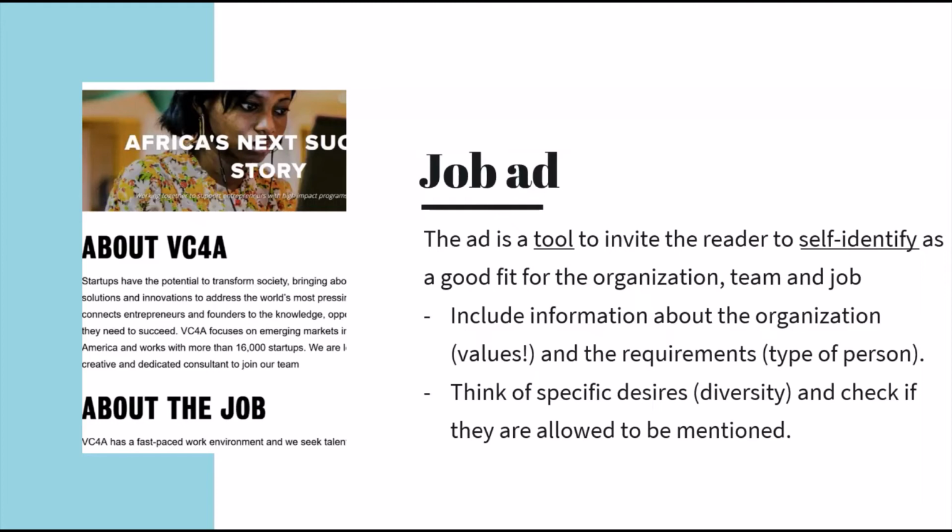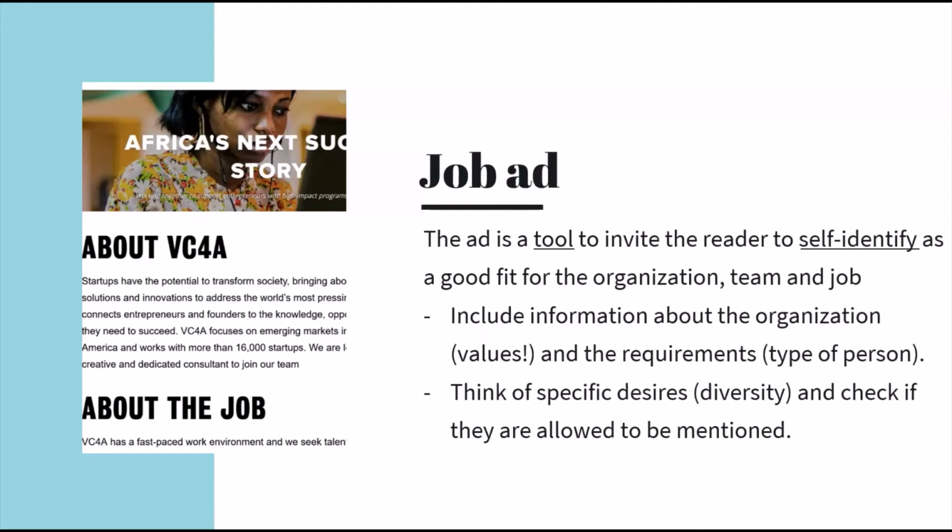And also think about if you have specific desires or wishes, for example, in terms of diversity. Maybe you are a team consisting mostly of men or mostly of women, and you would like to have a bit more diversity. So you might like to look for a woman if you have a male-dominated team, or for a man if you are a female-dominated team.